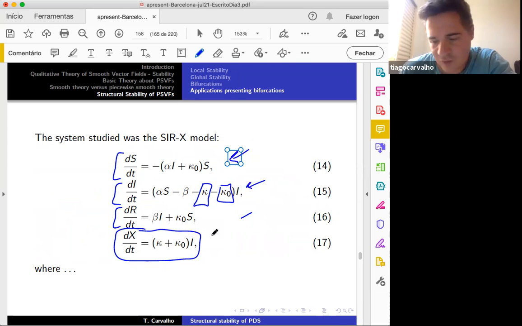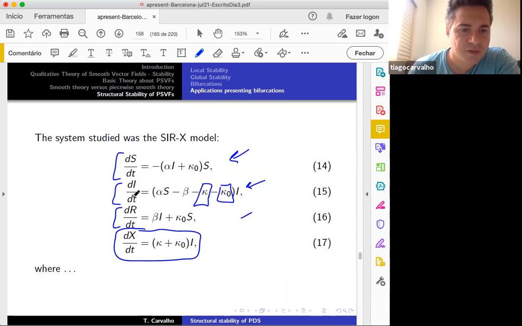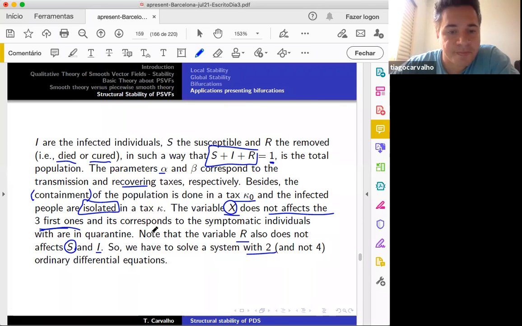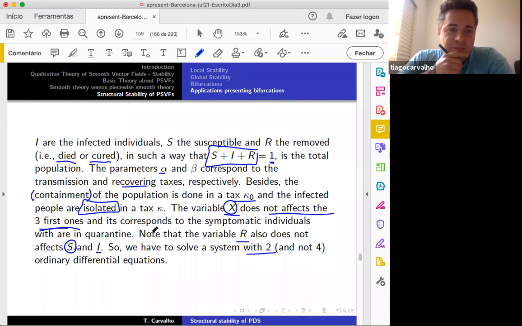So we can solve a two-dimensional system and not a four-dimensional system. So we will study just this two-dimensional system, and this is a planar system.